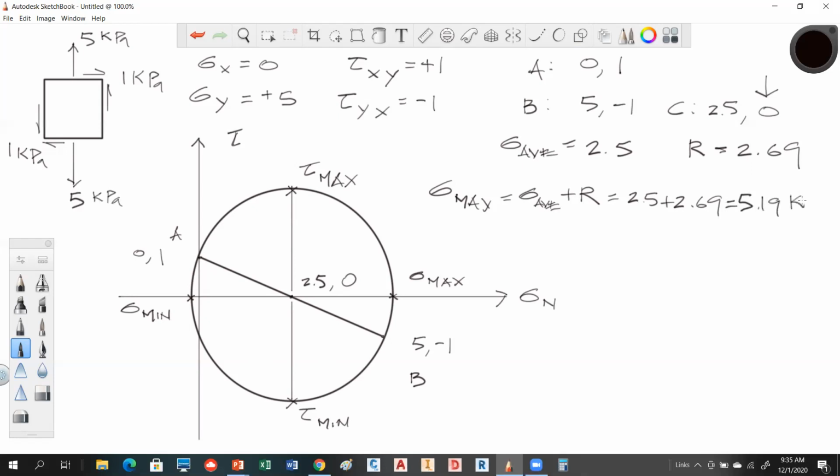That would be kilopascals. And since it's plus, that's a tensile stress.